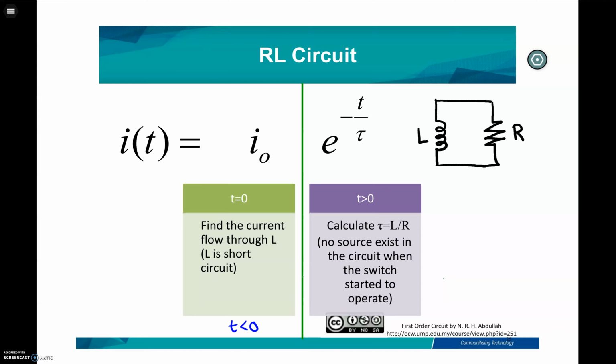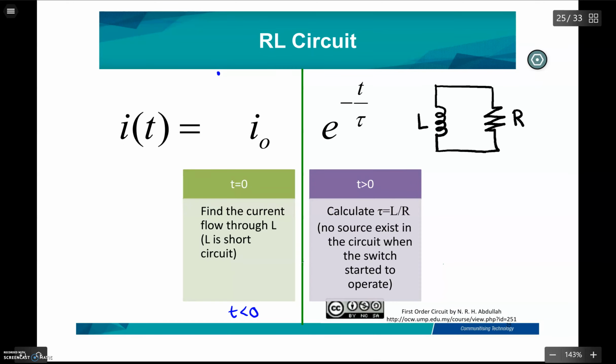For example, if the switch is closed and then at t equal to 0 it opens, so here is closed and then here should be an open circuit. And if the switch is open and then at t more than 0 it is closed.